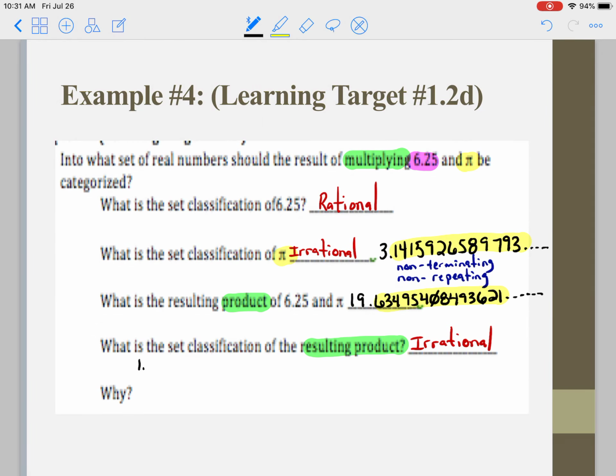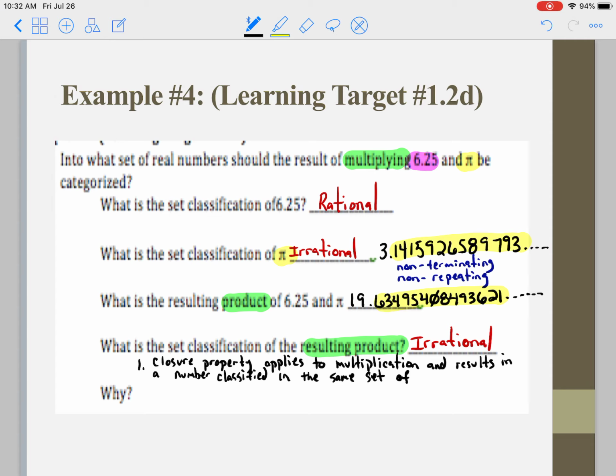Well, the first reason is that the closure property applies to multiplication and results in a number classified in the same set of real numbers. Let's use classified because that's the terminology we're working with.